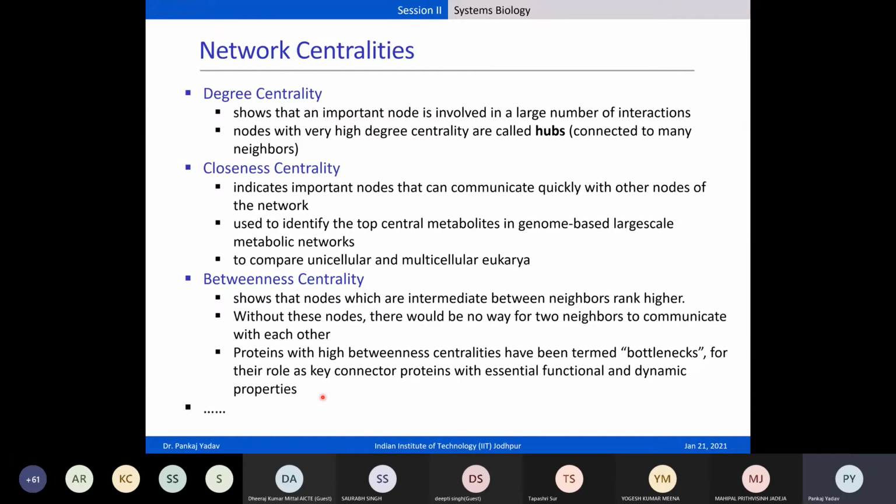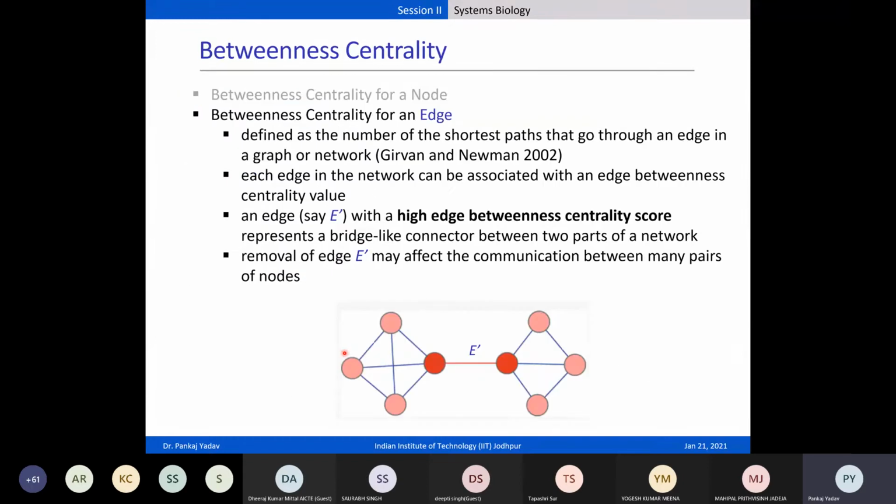This is just one observation that I'm showing you, but there are many other findings which rely on this betweenness centrality measure. Let me tell you a bit more about this. Betweenness centrality can be calculated for a node, or it can also be calculated for an edge. So how is it defined?